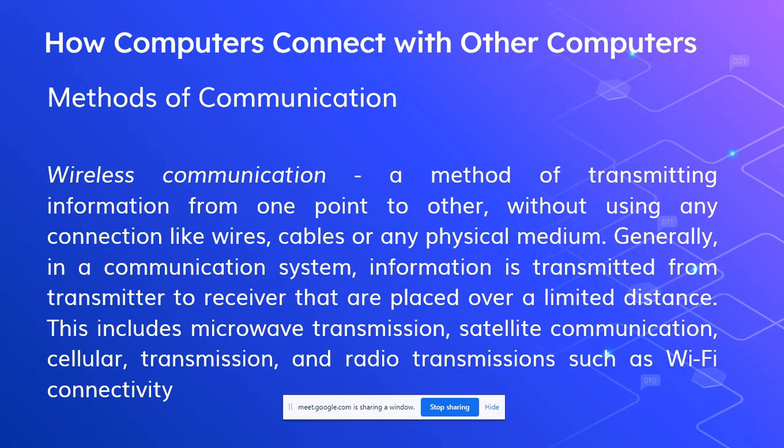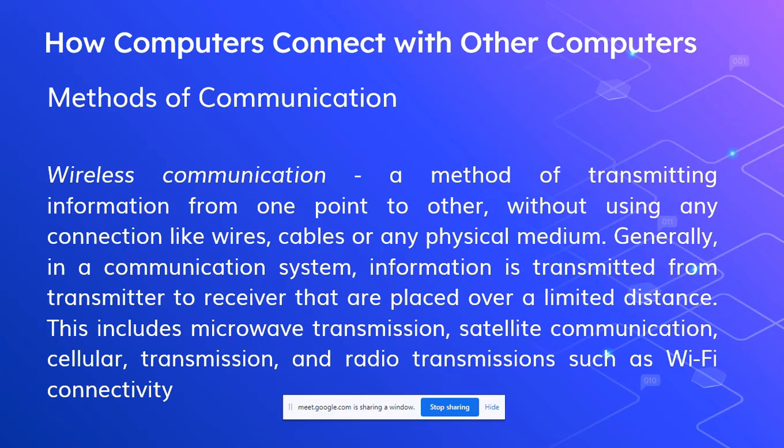So here we have yung ating wireless communication. The next method for communication is our wireless communication. This is a method of transmitting information from one point to another without using any connection like wires, cables, or any physical medium. Generally, in a communication system, information is transmitted from transmitter to receiver that are placed over a limited distance.